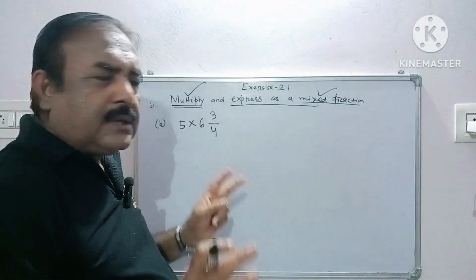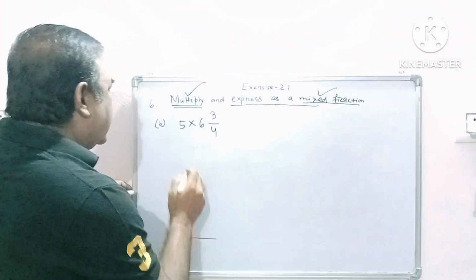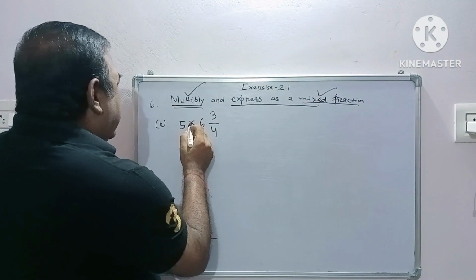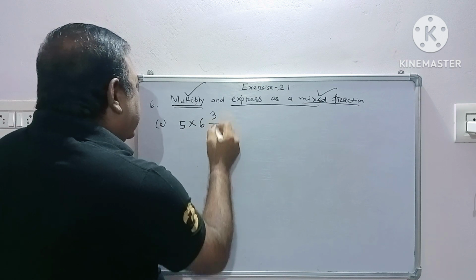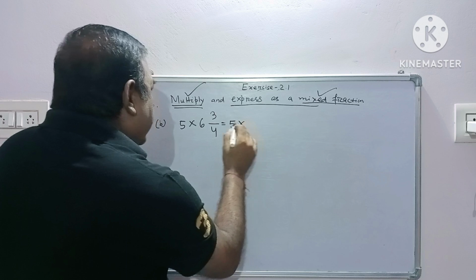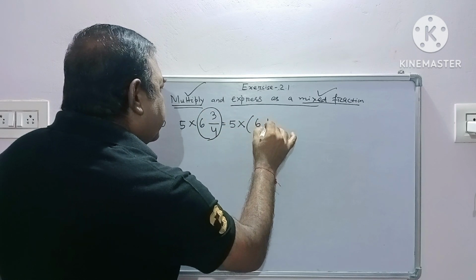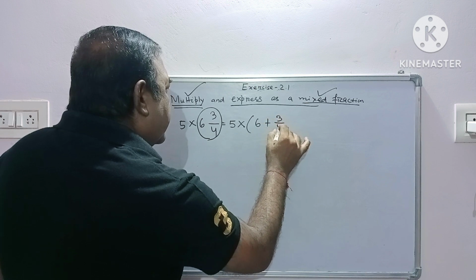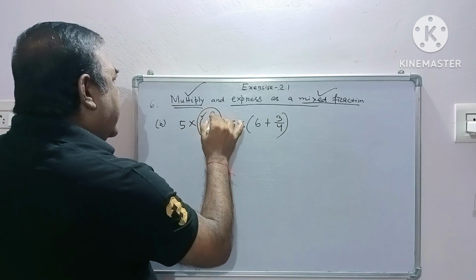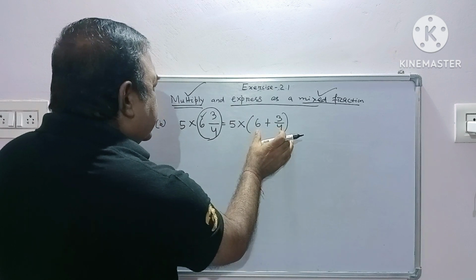That is the traditional method you use. But it will be better for you if you follow this method. How? Now 5 into 6 whole number and 3 upon 4, that is equal to 5 into 6 plus 3 upon 4. Because it is the whole number and it is the proper fraction 3 upon 4, you must split it like this.